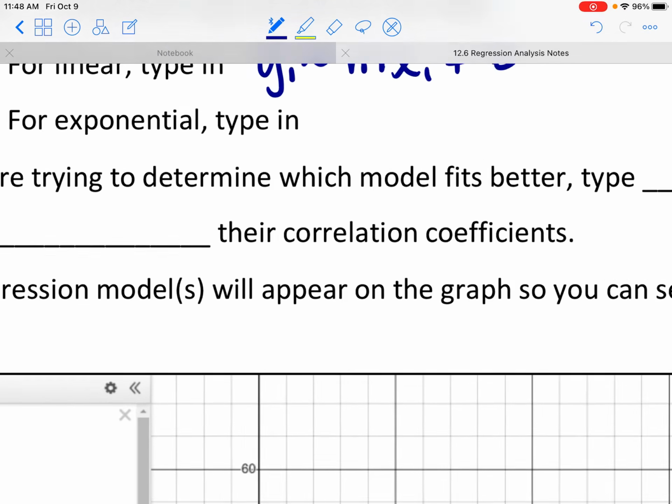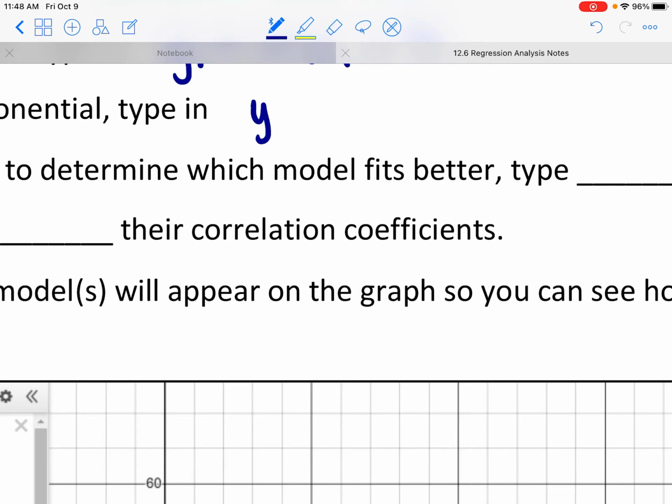All right? And then for exponential, remember the model is y equals a times b to the x power. Again, we want to use the tilde in place of the equal because we're approximating a model for the data. And to connect the model to our data, we're going to put in a y1 and an x1, y sub 1, x sub 1.